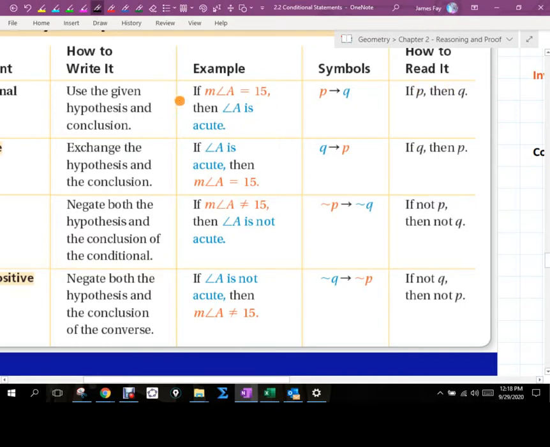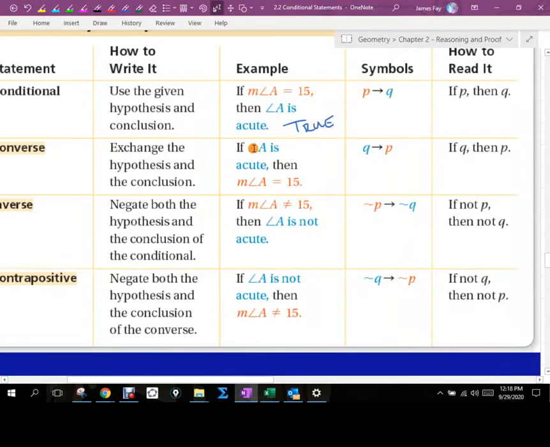So let's talk about the examples that they gave to us here; there's more math context. It says if the measure of angle A is equal to 15 degrees, then angle A is acute. Would you guys agree that that's true? By definition, that should be true. The converse says if angle A is acute, then the measure of angle A equals 15.